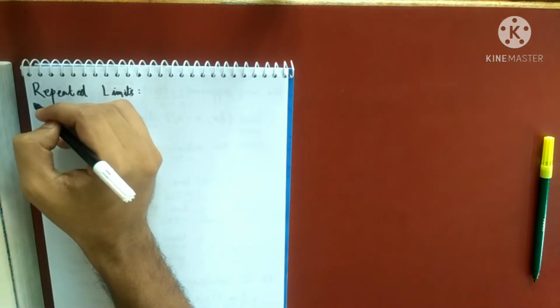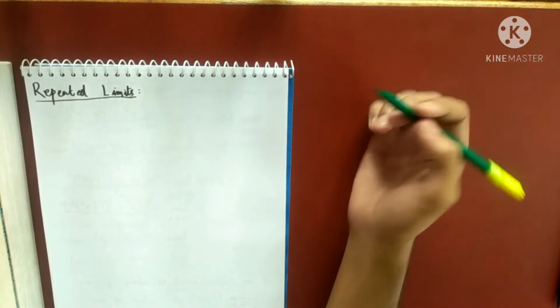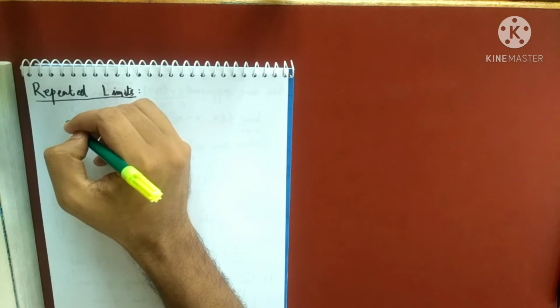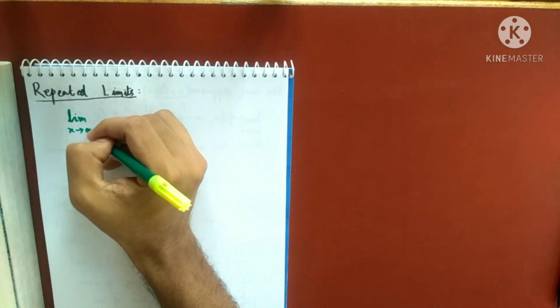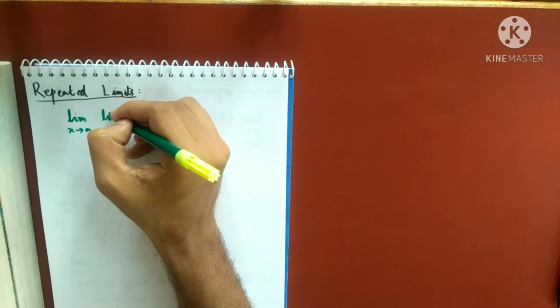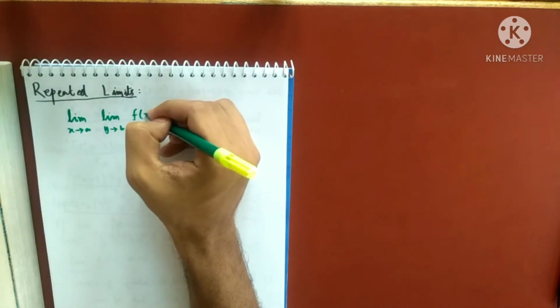So here what we will do, I'll just tell you what I mean by repeated limits. I will do one after another. Suppose the repeated limits are denoted like this: limit x tends to a, limit y tends to b, f of x comma y.